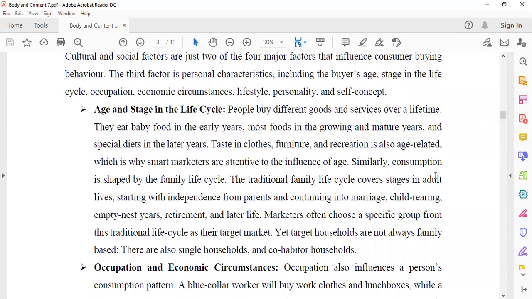People over a lifetime buy different things. You can agree with me that what a baby eats is different from what an adolescent eats, and is different from what an adult eats.